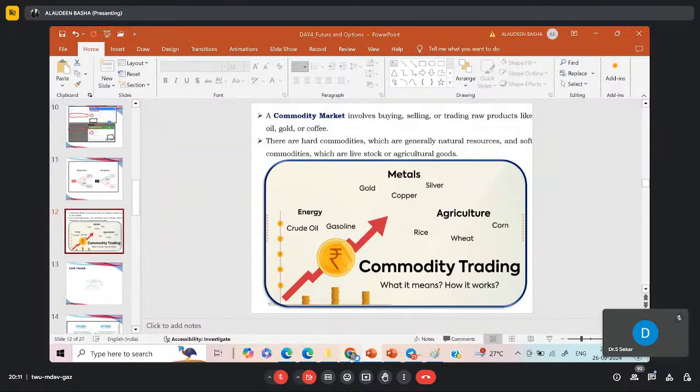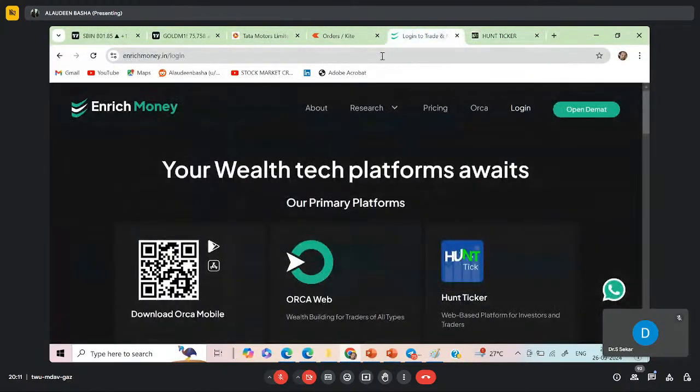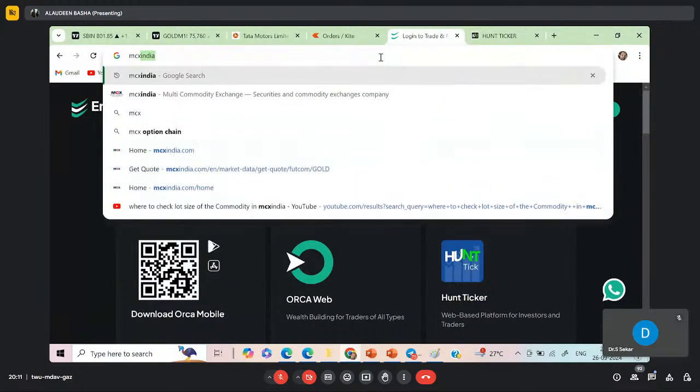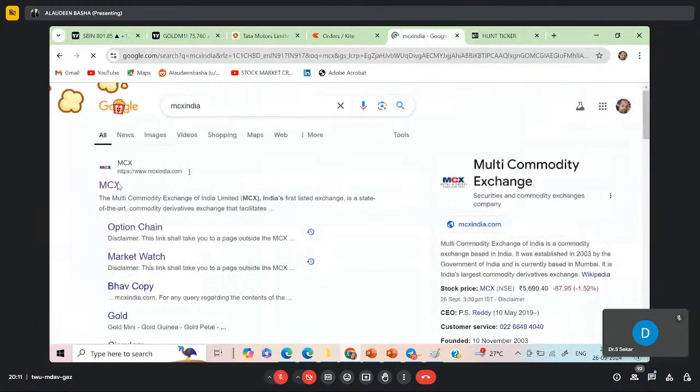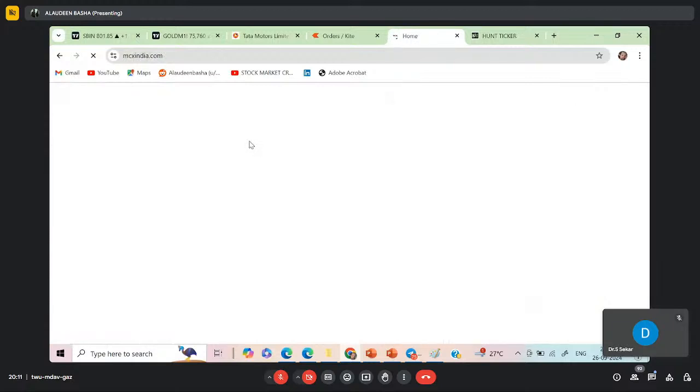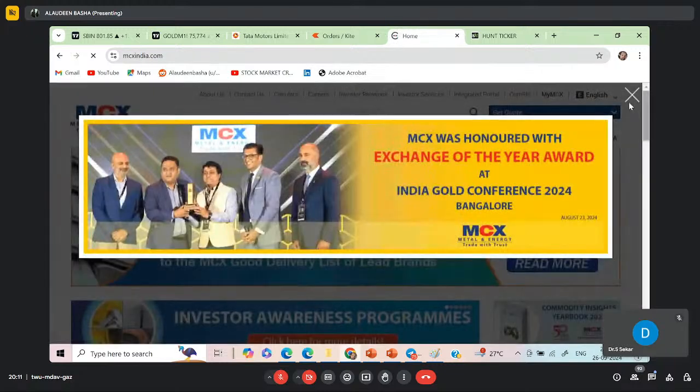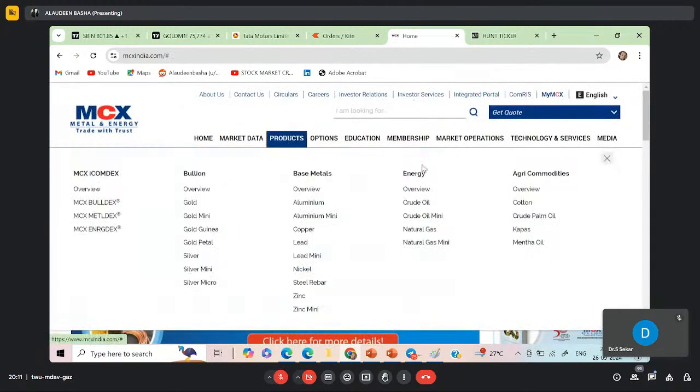You can refer to mcxindia.com, the exchange exclusive for multi commodity. All the commodity product details are available on this website. Just go to the products section: gold, silver, copper, aluminum, crude oil, cotton, natural gas, everything is available at mcxindia.com.